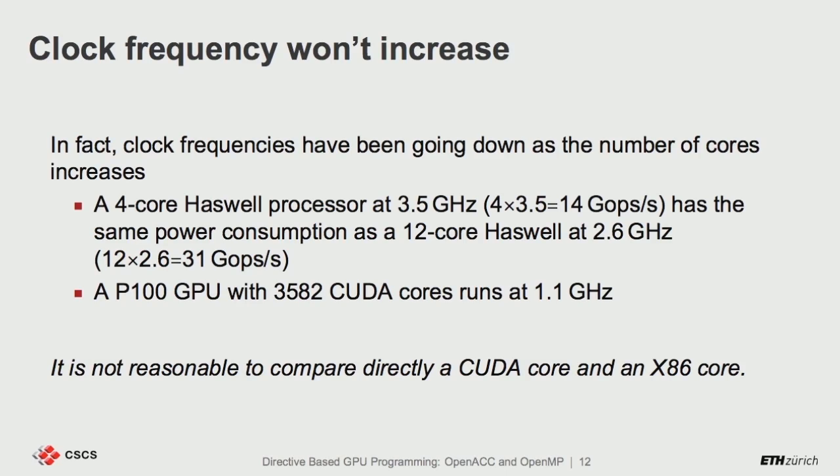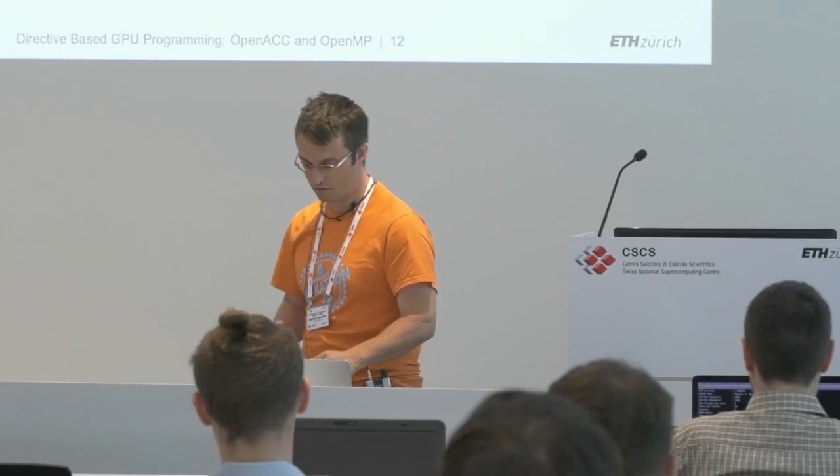And you can also see that the frequency of the GPUs is very, very low, and indeed they're quite power efficient, energy efficient devices. Of course, it's not completely fair to compare a single core of the GPU against a full-blown CPU core.